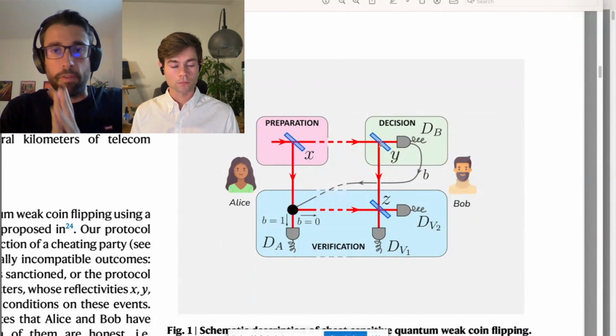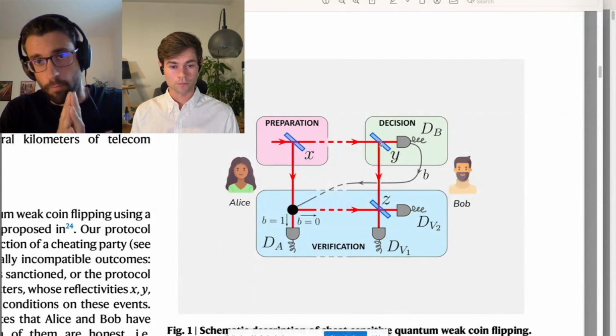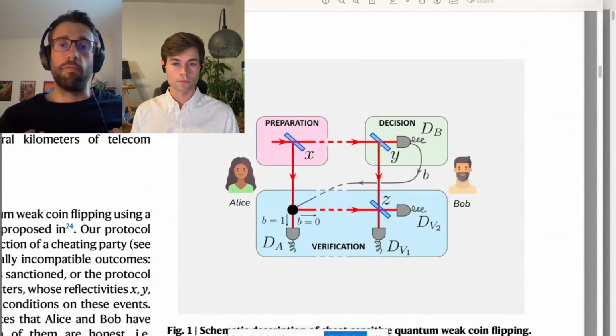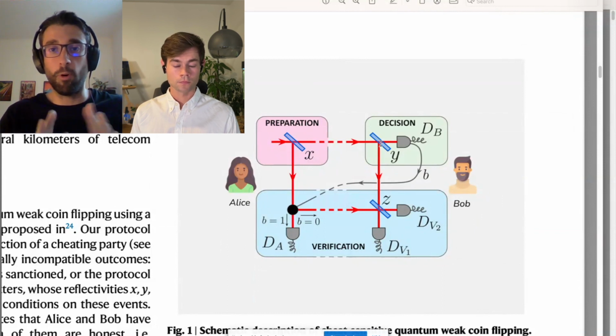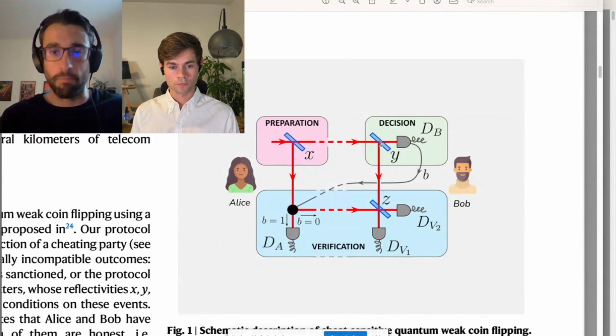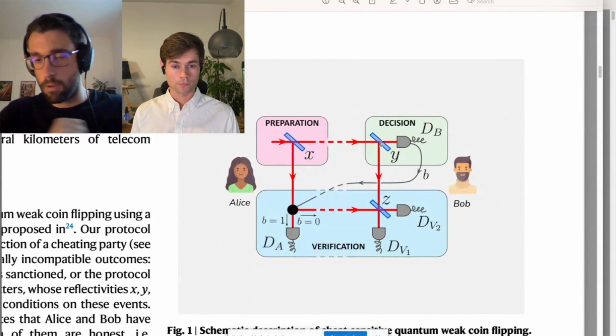So if I want to boost my probability of winning the coin flip as Bob, I will just always declare myself as the winner. That's my optimal strategy. It's not even a quantum strategy. It's literally just saying the outcome is always 1, I won. And that's how you increase your chances of winning as Bob.